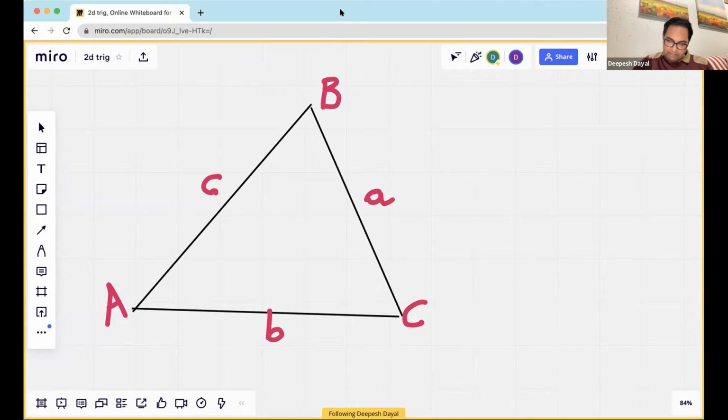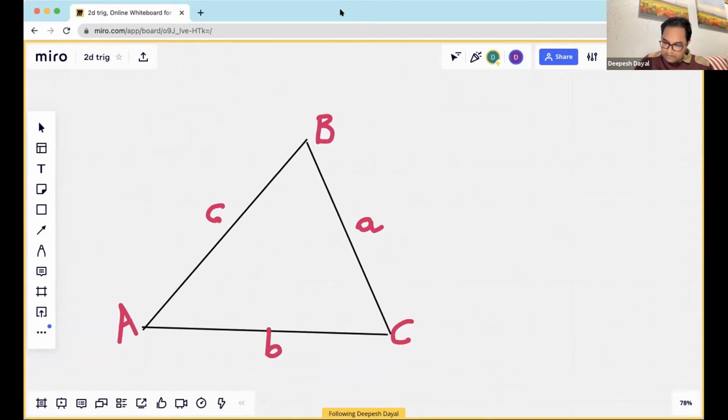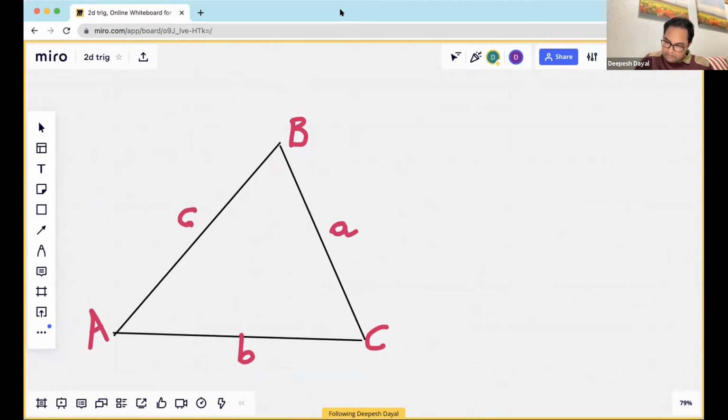So let's look at the first rule. Remember, these rules are for non-90-degree triangles, right? So I'm going to say here, sine, cos, area rule are for non-90-degree triangles. So these are for triangles that are not 90 degrees.